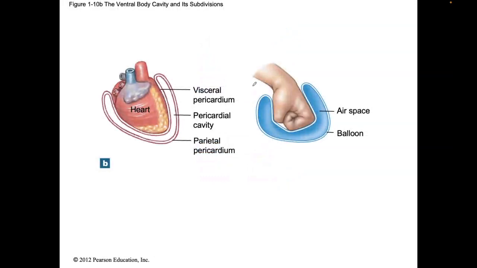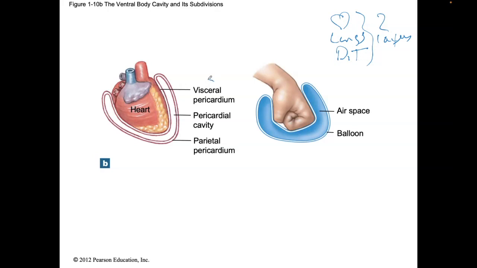Okay, now remember I said that whether we are talking about the heart or the lungs or the digestive tract, there's always going to be two layers protecting the heart, protecting the lungs, and the digestive tract.